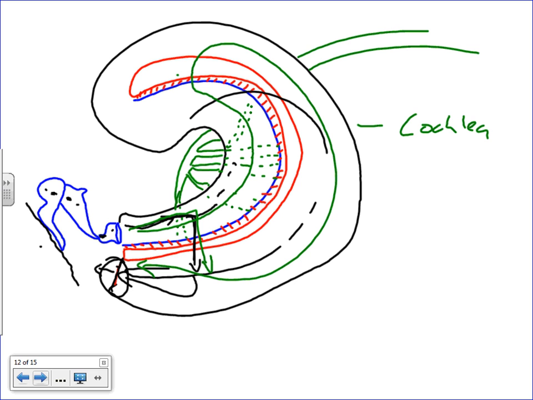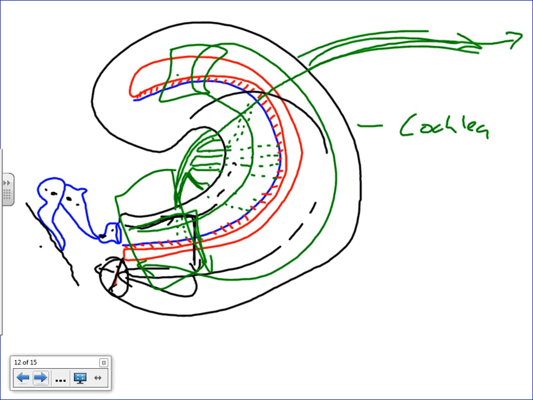Now, some of these nerve fibers stay separate from one another as they meet up with the spiral ganglion and then pass through the cochlear nerve up towards the brain. So if you're displacing this basilar membrane a lot earlier, the auditory cortex is going to be getting action potentials from those nerve fibers early on in the basilar membrane, versus the dull aspect of the apex, with dull noise.